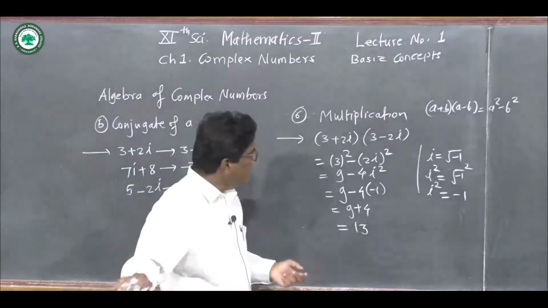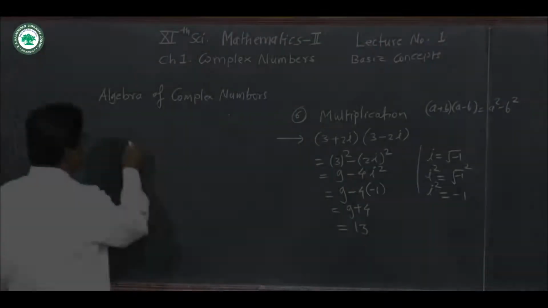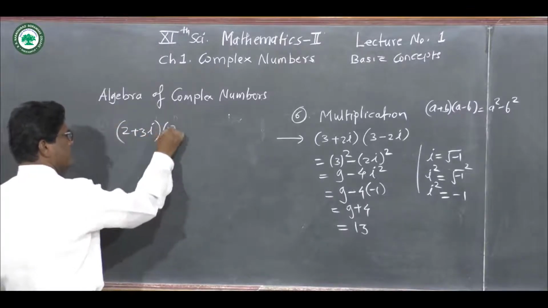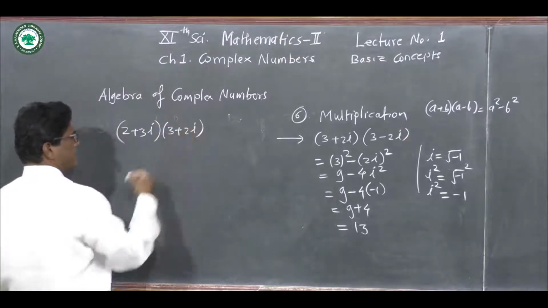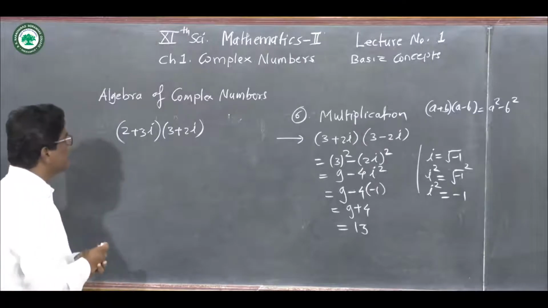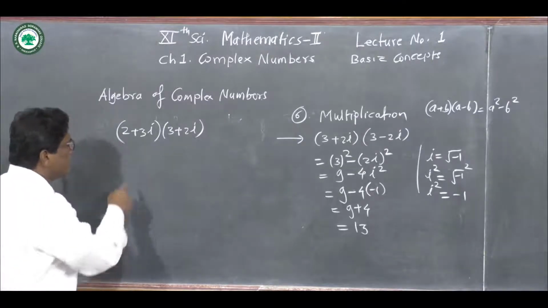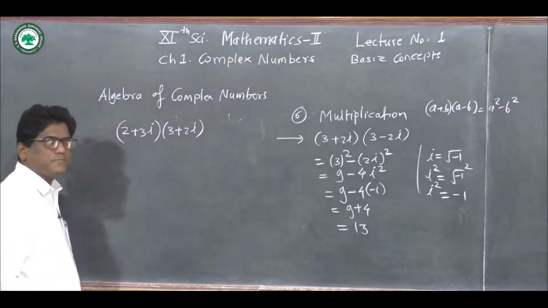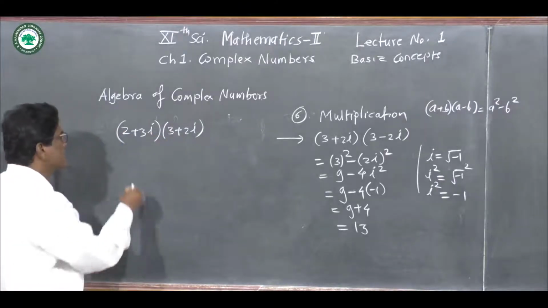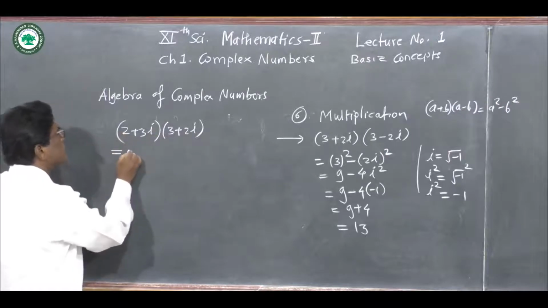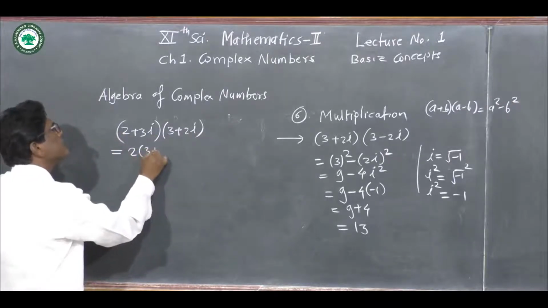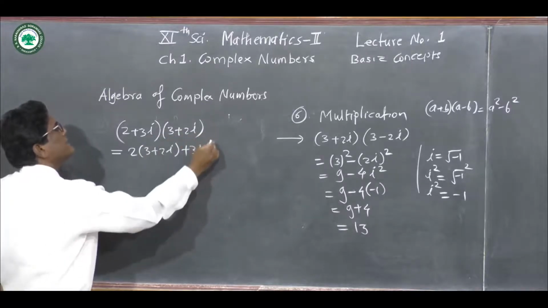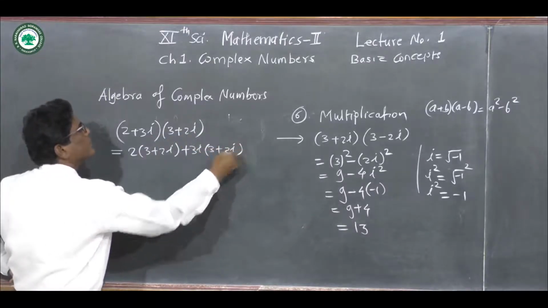Now again we take the next example. Suppose 2 plus 3i and another complex number is 3 plus 2i and we have to take the multiplication of these two. So we multiply 2 to this bracket plus 3i to this bracket using our previous method. So this is equal to 2 into 3 plus 2i, plus 3i into 3 plus 2i.